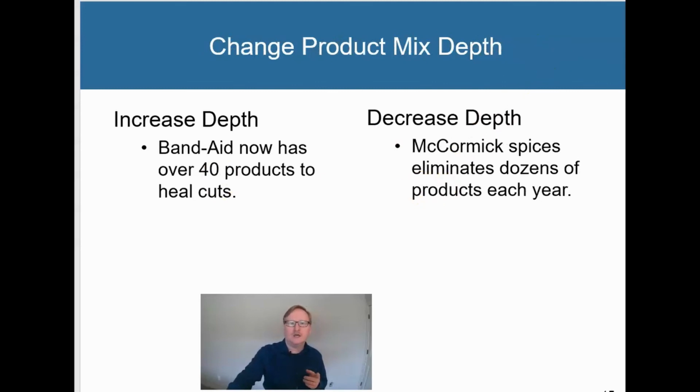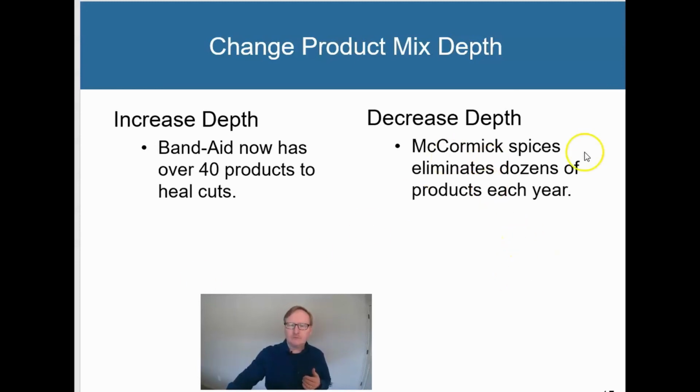We could also decrease our depth. So McCormick, which is a spice company, has many spices, and it says here every year they eliminate dozens of different spices because they find out what is selling, what's not selling, and a lot of different things like that go into those decisions.